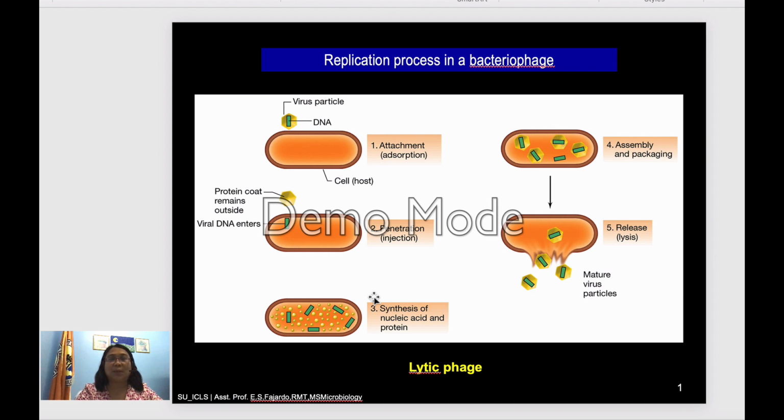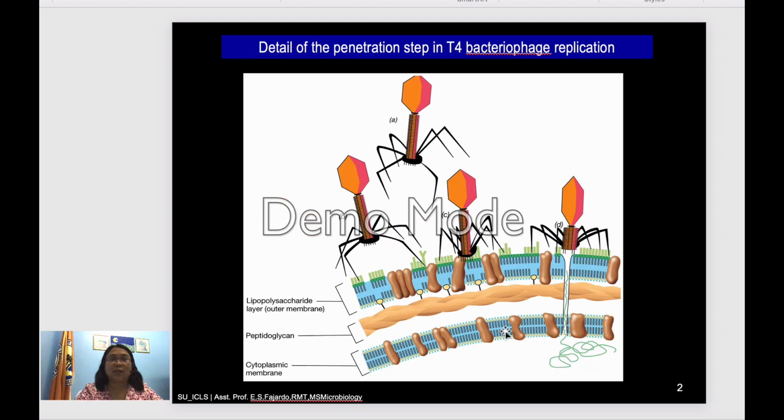There is an assembly, but the difference now is in the process by which they are released from the host. So in lytic phages, the host is lysed when the new phages are released. That's what we call lytic, because the cell will lyse when the mature virus particles are released.